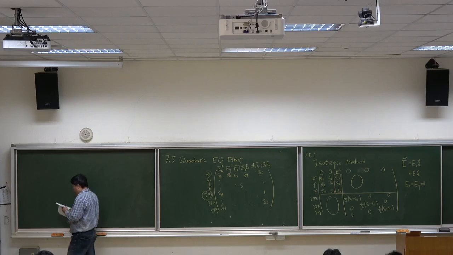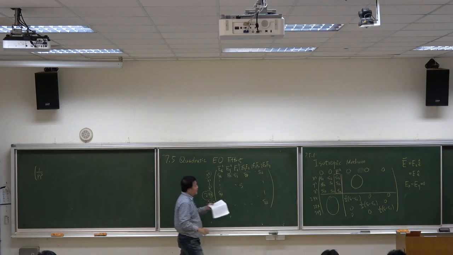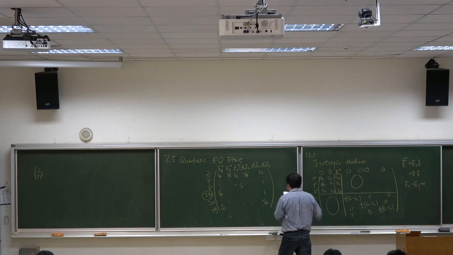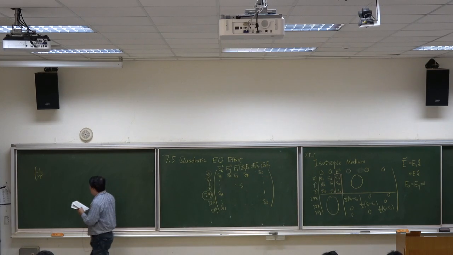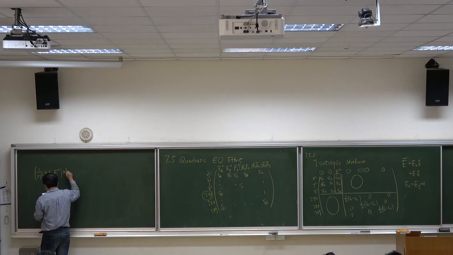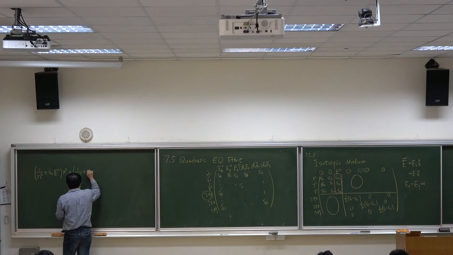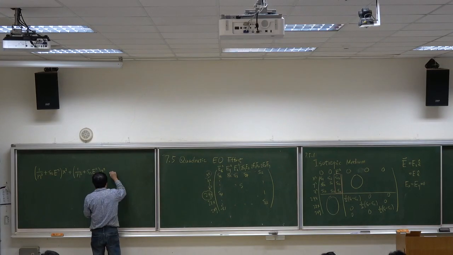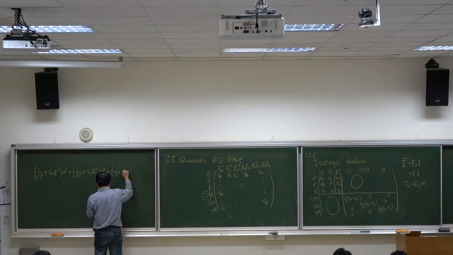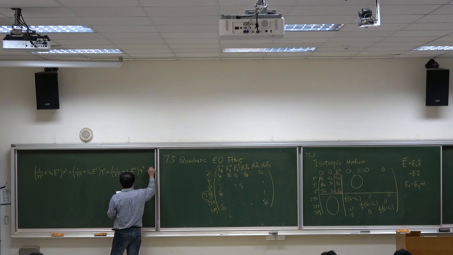So this means that we have 1 over n squared plus the correction S12 times E squared, this times x squared plus this times y squared plus this times z squared equals 1.